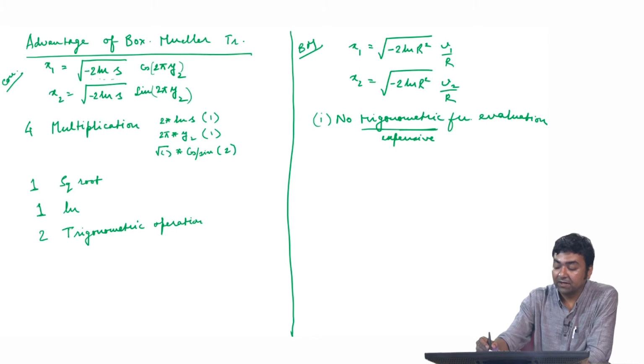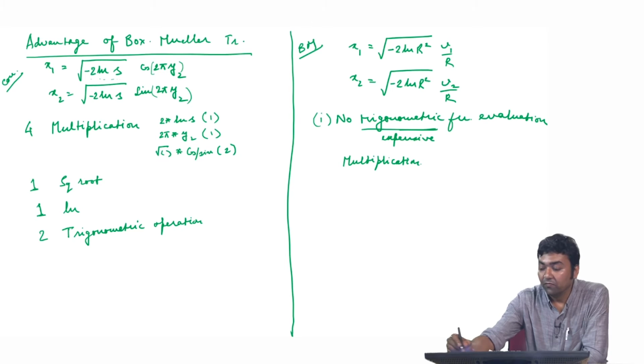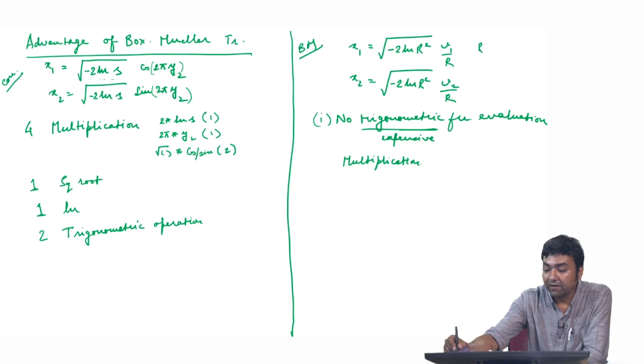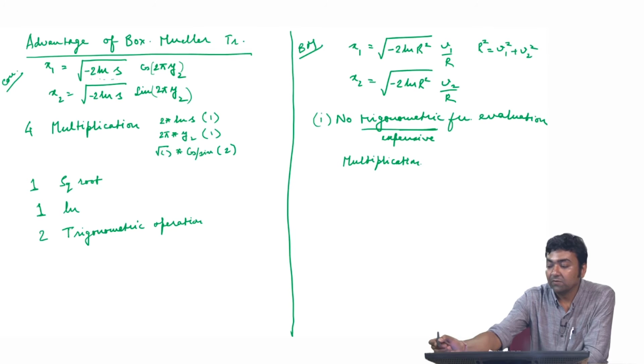Let us revisit the multiplication operation. Now, we need to evaluate r square, which is given by v1 square plus v2 square.